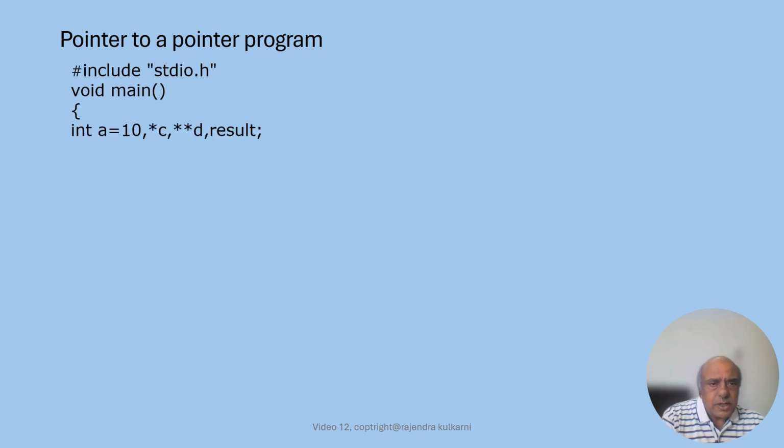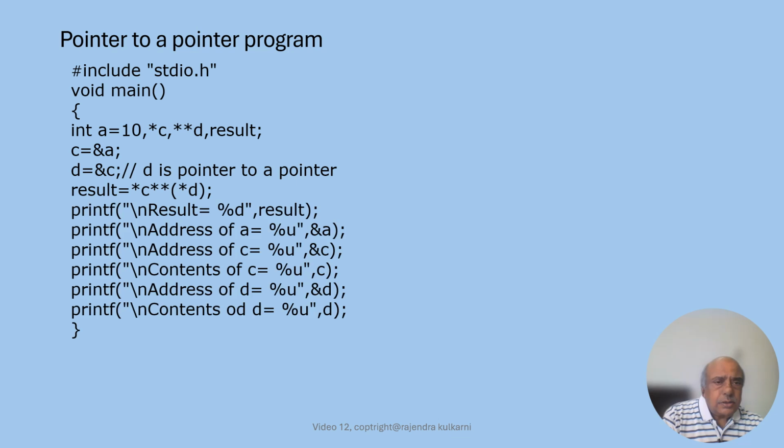A small program, pointer to a pointer. Five variables declared: a is equal to 10, star c, star d, and result. What does this star star d tell us?